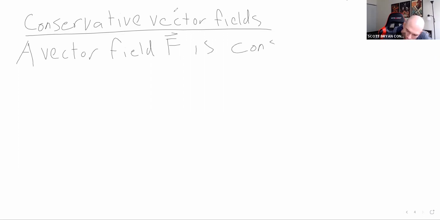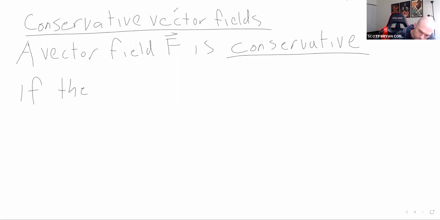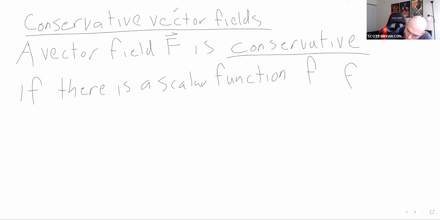We're going to be coming back to conservative vector fields a lot. We say a vector field F is conservative if there is a scalar function, little f, for which our vector field big F is the gradient of little f.